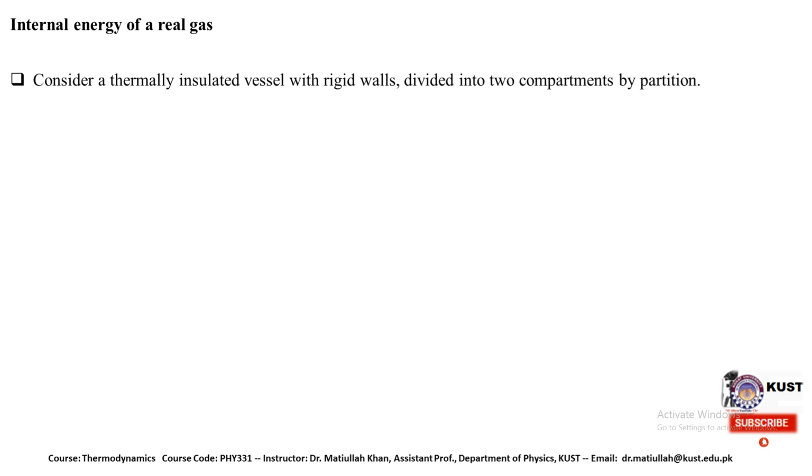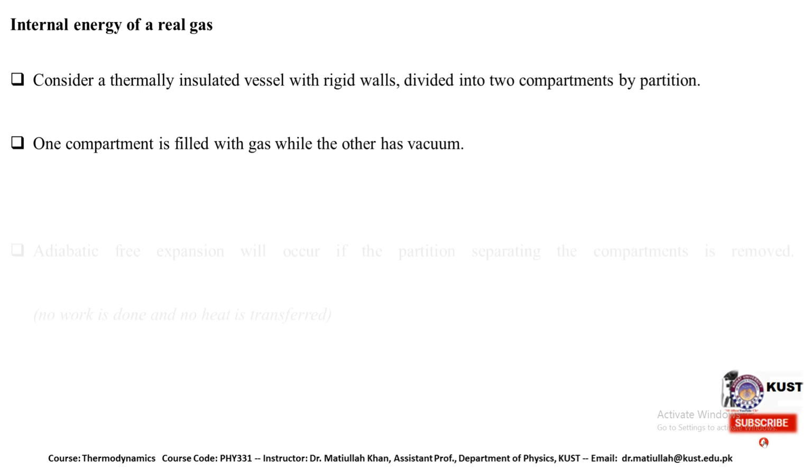First we need to know what is the internal energy of a real gas. For this purpose we need to consider a thermally insulated vessel with rigid walls that is divided into two compartments by partitions. So one compartment is filled with a gas while the other compartment carries vacuum.